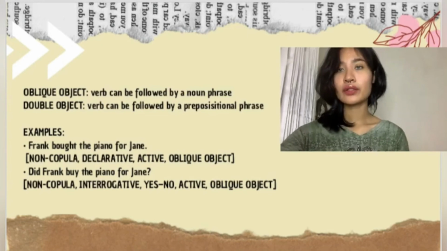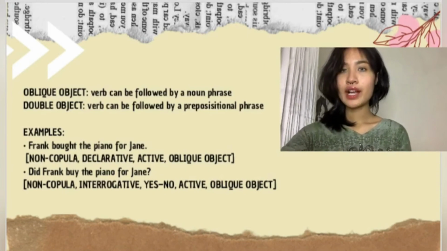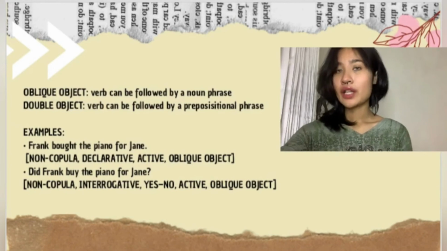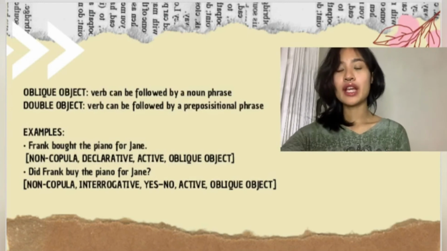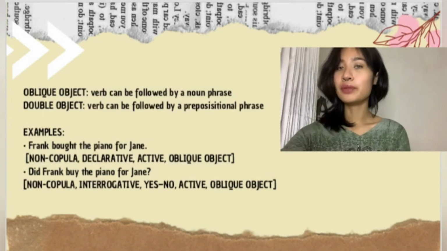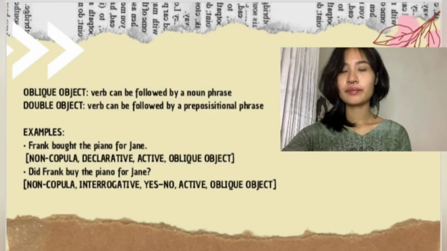In declarative constructions, the verb can be followed by a noun phrase and a prepositional phrase, as in bought the piano for Jane, or by two noun phrases in the sentence bought Jane the piano. The former construction is here labeled oblique object, and the latter is labeled double object.